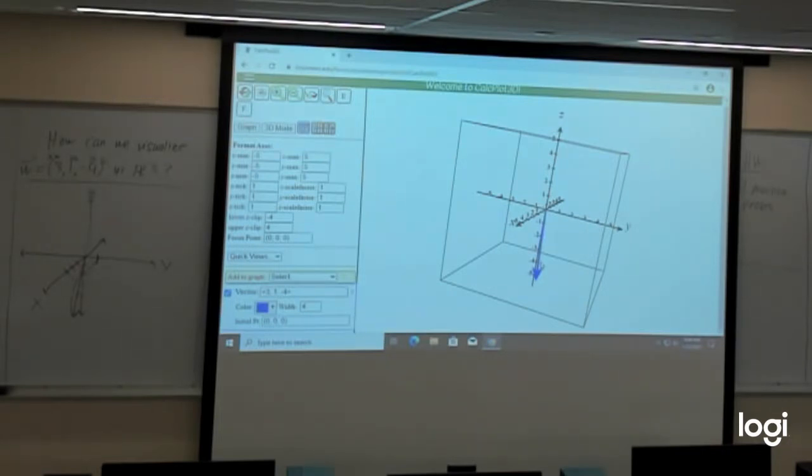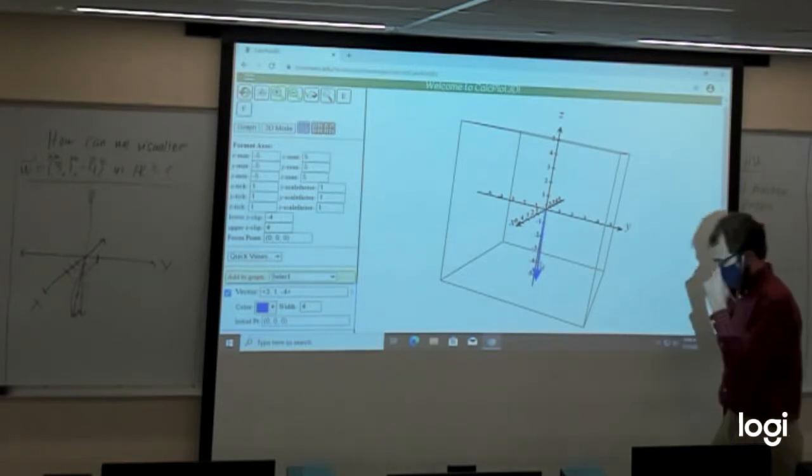Just drawing the arrow without labeling anything, and without having a nice computer system like this that you can rotate and see a little more intuitively, it's not easy to tell where that arrow actually points. Because you lose some information by trying to draw a 2-dimensional picture that represents something 3-dimensional.